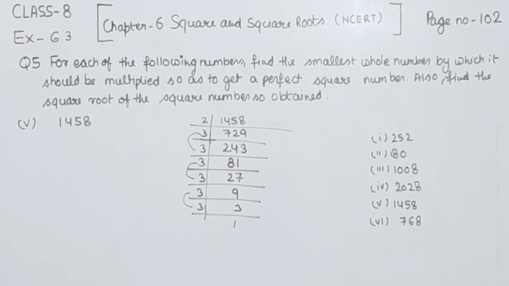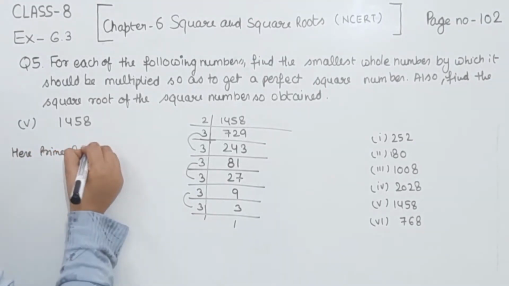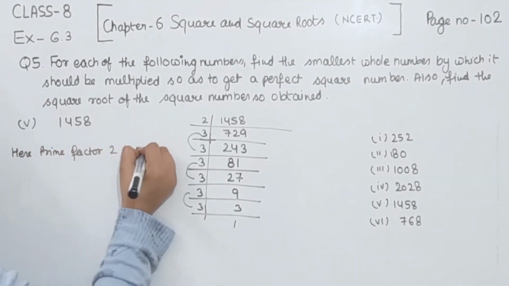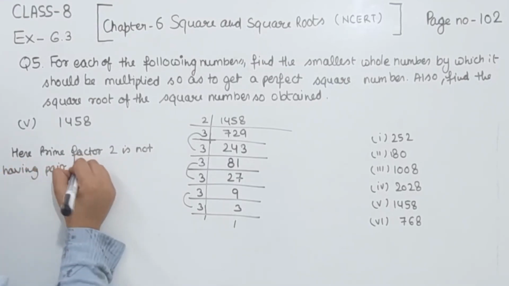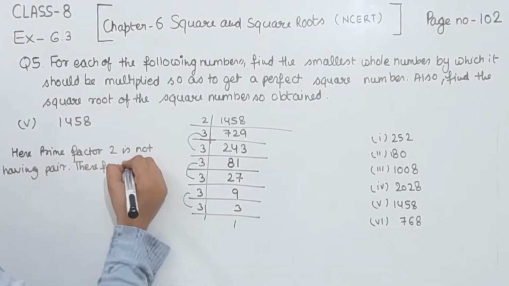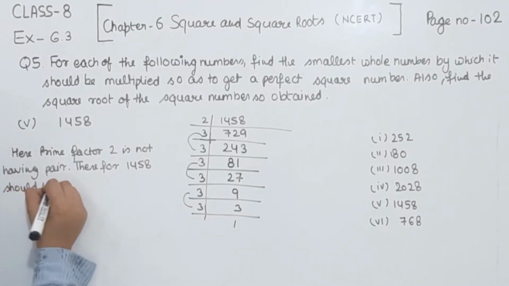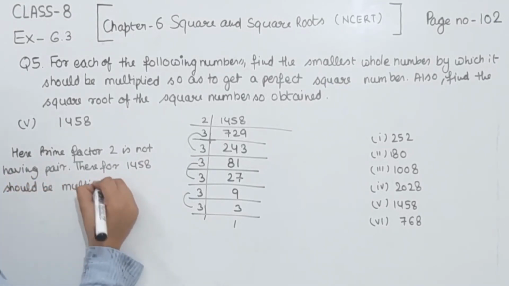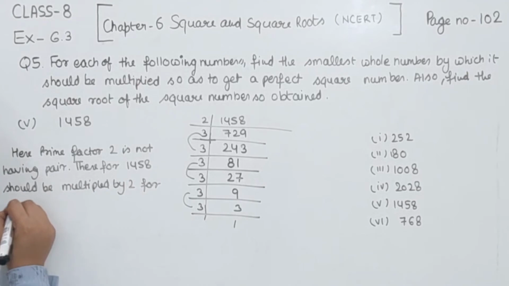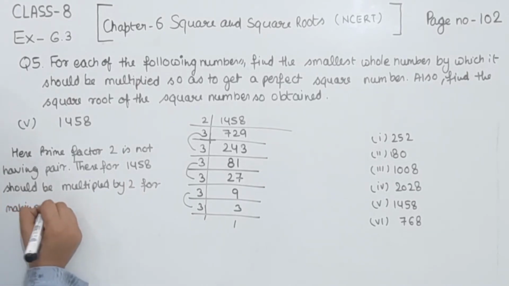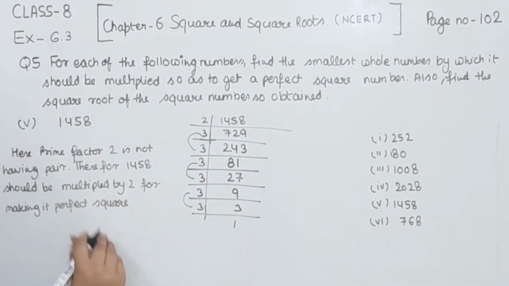So we are going to write here: prime factor 2 is not having a pair, therefore 1458 should be multiplied by 2 for making it a perfect square.